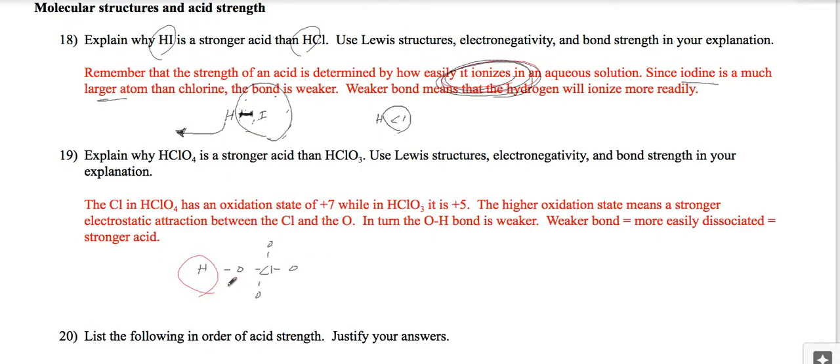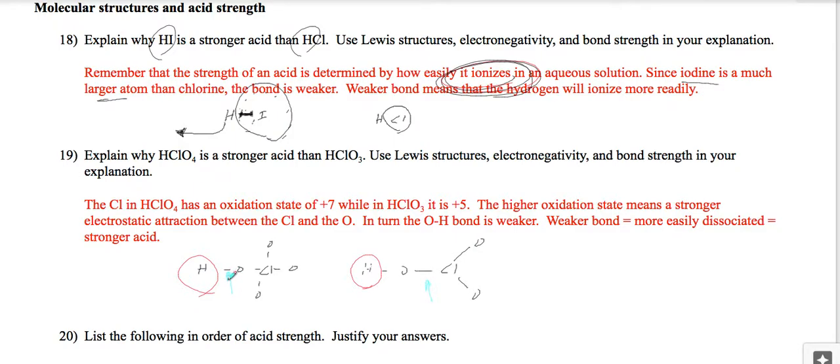So we're looking at this bond right here. And we can do it for the other one as well. We have chlorine, 1, 2, 3, oxygen, oxygen, oxygen. There's the hydrogen. Again, that's what ionizes. And then it's this bond. So the weaker this bond, the stronger the acid.